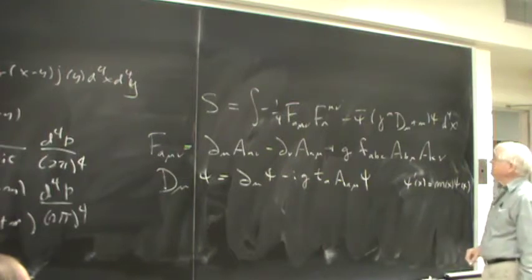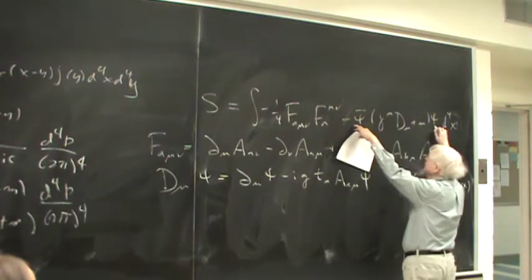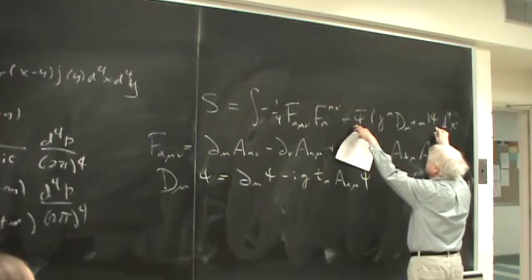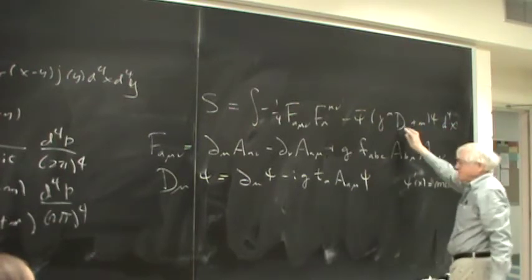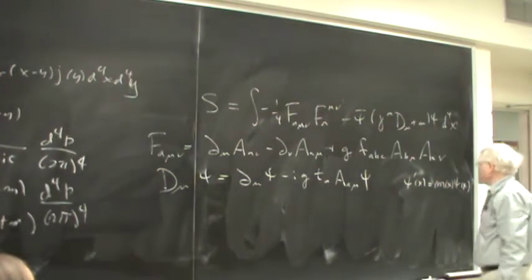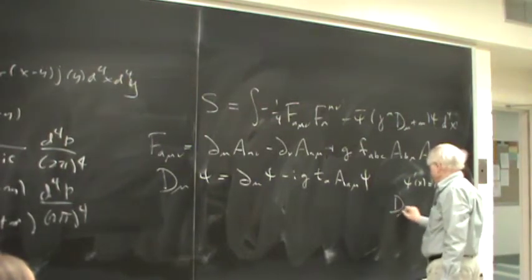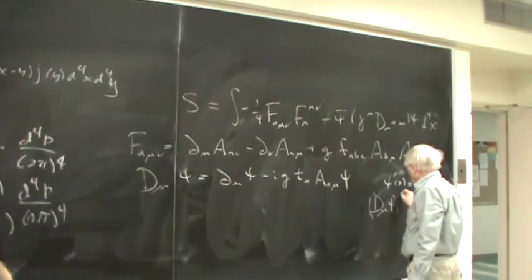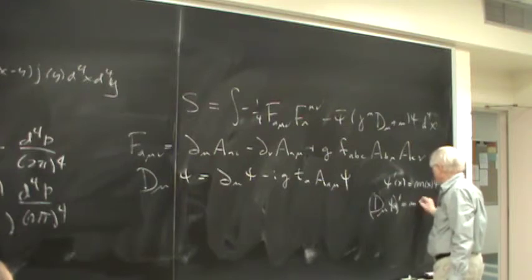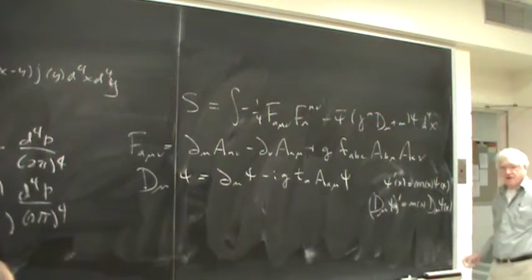And this part would automatically be invariant without the derivative, so the mass term would be. But the term that isn't is the part that has the ordinary derivative, and to fix that we have a covariant derivative, and the covariant derivative is defined in such a way that D_mu psi prime of x is equal to M of x D_mu psi of x.